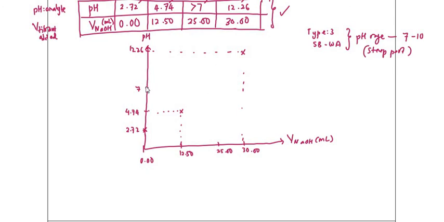So you first find where 7 and 10 are. Here the steep part is between 7 and 10. This is the steep part. Then you continue to touch the points. This is your steep part, referring to the pH range 7 to 10.